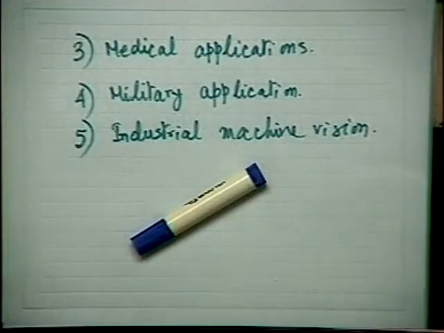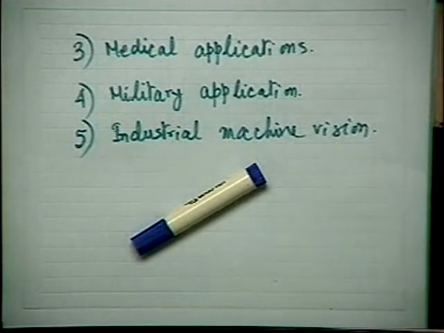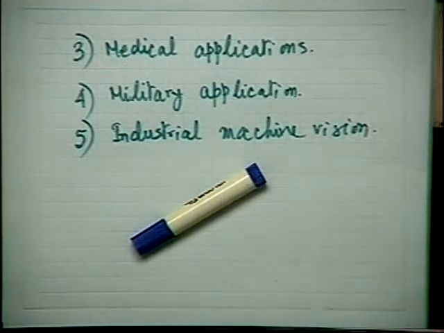Supposing this is an object that they have made, and we may be interested in finding out its dimensions, its surface finish, and several other visual properties of this object. Very often we are accustomed to doing this kind of inspection using human inspectors.